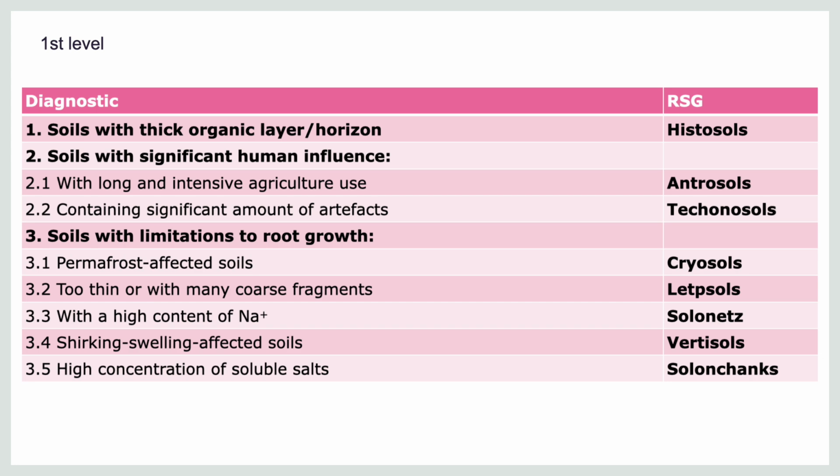We also have a second group, soils with a significant influence of humans. So we have the anthrosols and technosols, those soils with a high content of artifacts, those artifacts that were produced by agriculture or any other kind of use.